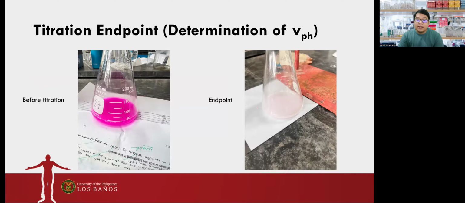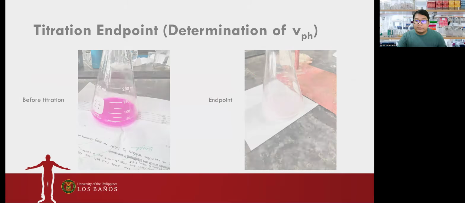So faint pink pa rin. Tapos meron siyang tinge of white kasi meron tayong precipitates na barium carbonate. Okay? So might as well ma-experience yun na nagka-titrate tapos may umiikot na white precipitates. So that's your barium carbonate.